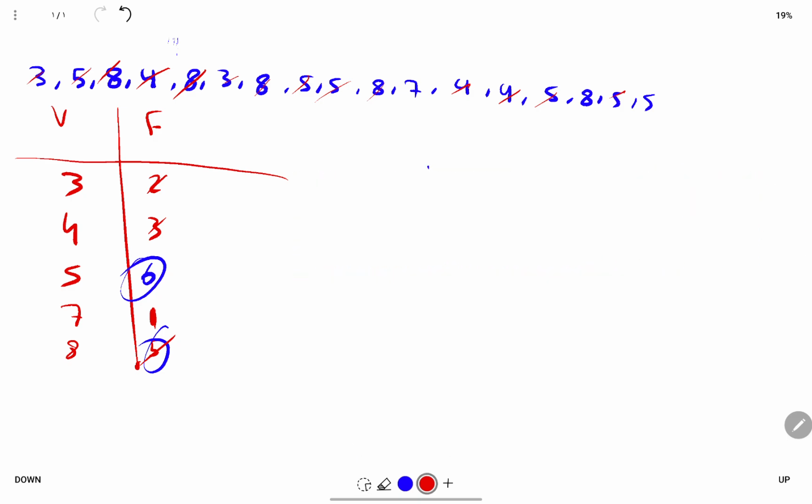Now the next one we have the mean. The mean is basically the sum of all the numbers divided by the number of data items in our set, sum over n.